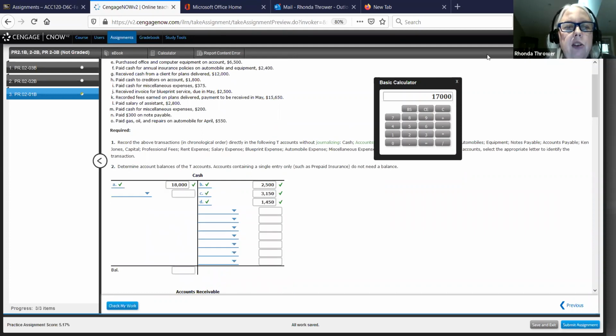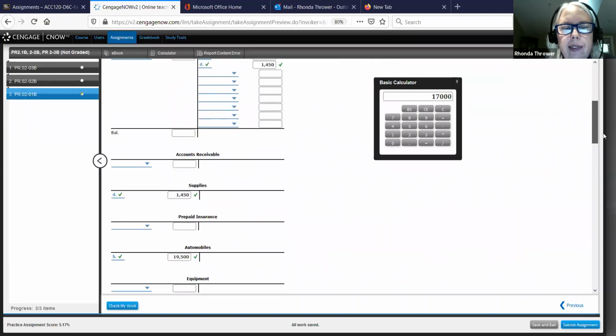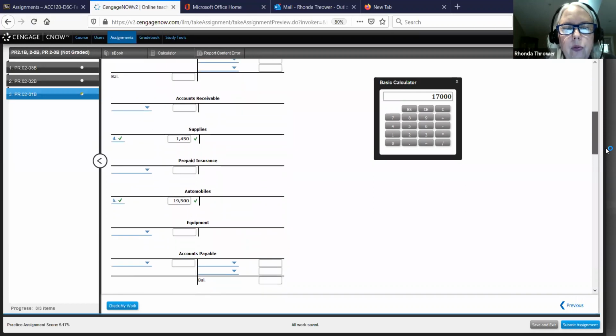In transaction E, it tells us that we have purchased office and computer equipment on account. When we buy office equipment or computer equipment, we're going to put that in an account called office equipment or computer equipment, and that account is an asset account.